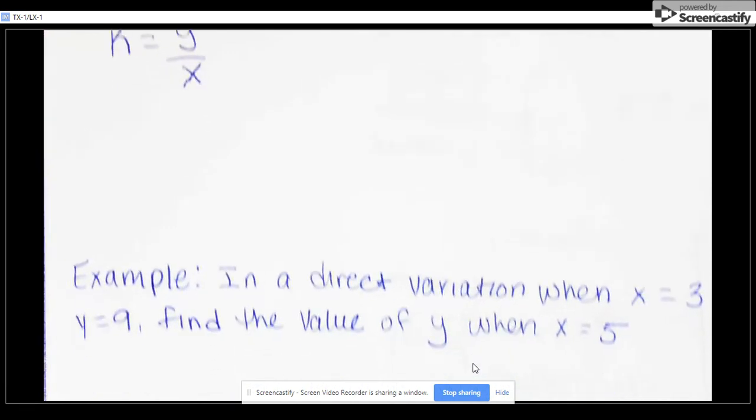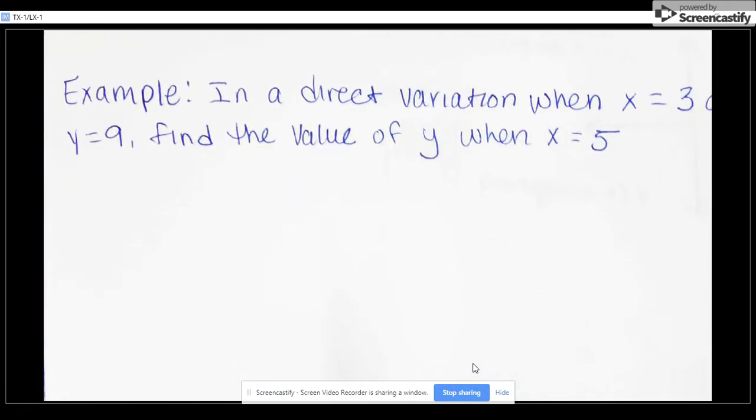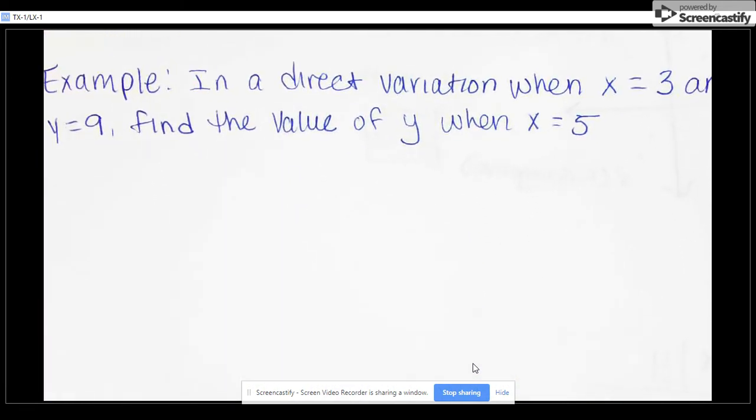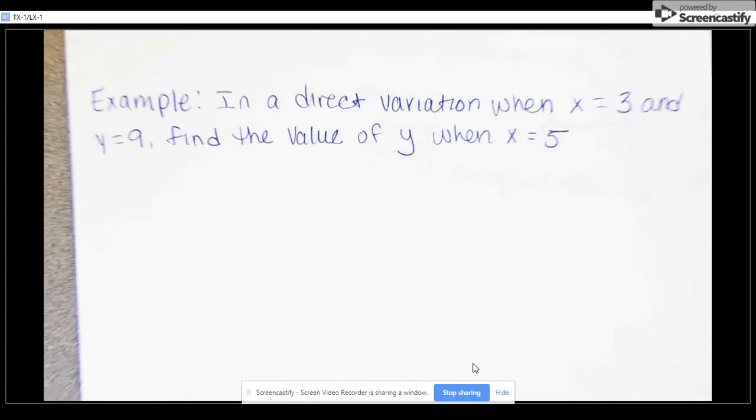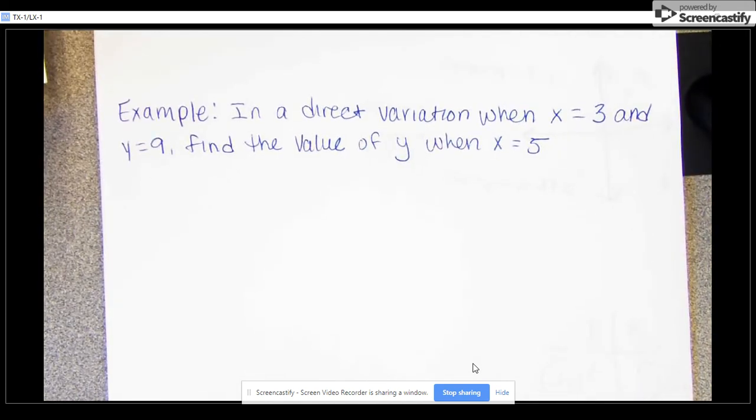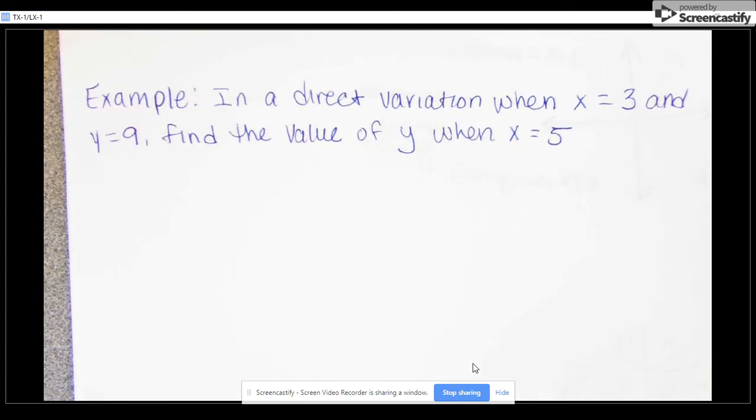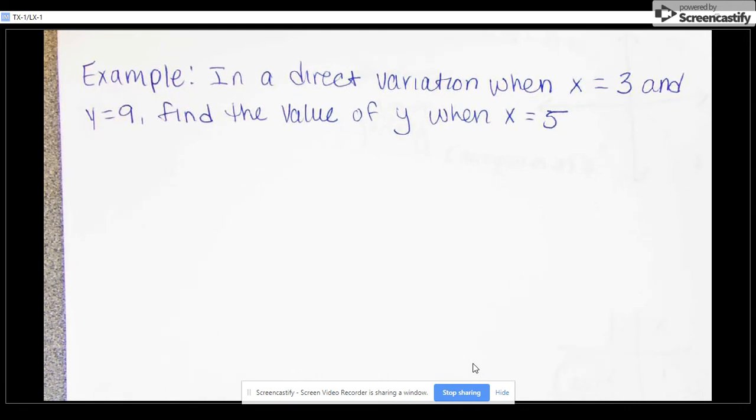So let's take a look at this example. In a direct variation, when x equals 3 and y equals 9, find the value of y when x equals 5. Now that looks a little scary, but we can take this step by step. The first step is to identify the point in the problem.